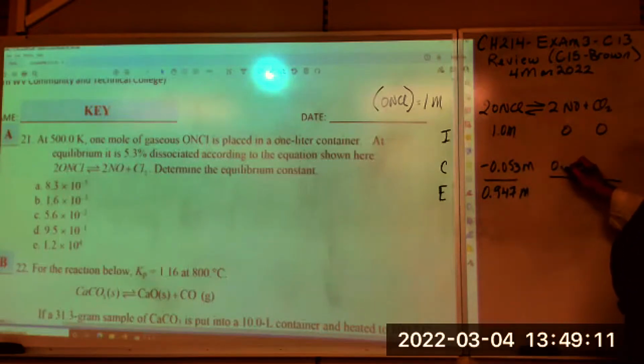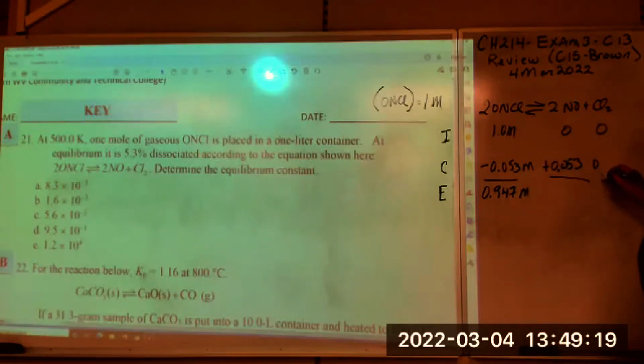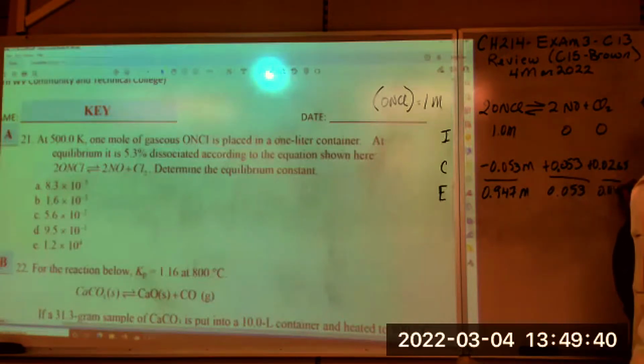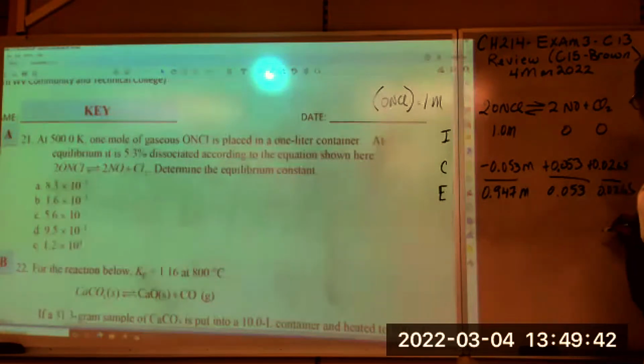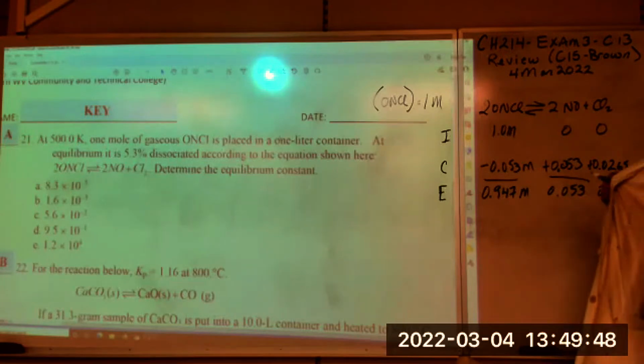That means this one is 0.053, and this one is half of that, 0.0265 molar. So now we have 0.053 and 0.0265 molar. That's our equilibrium condition. What's the equilibrium constant?